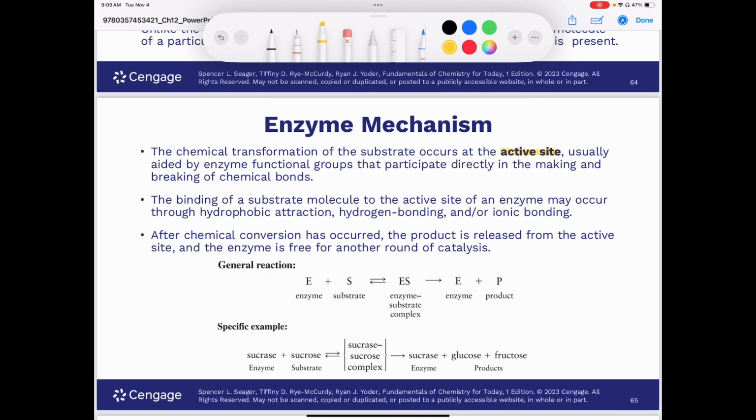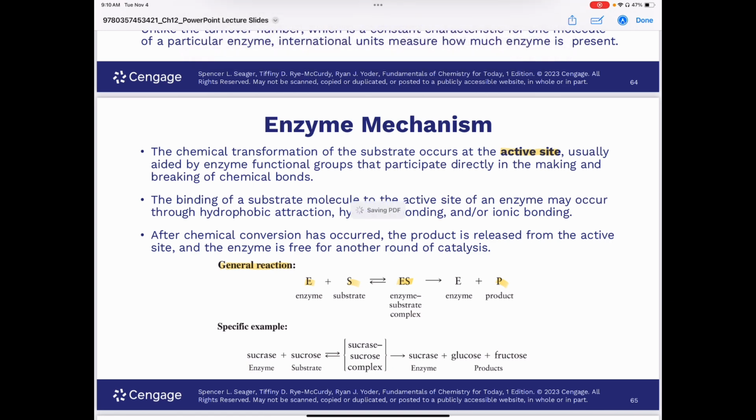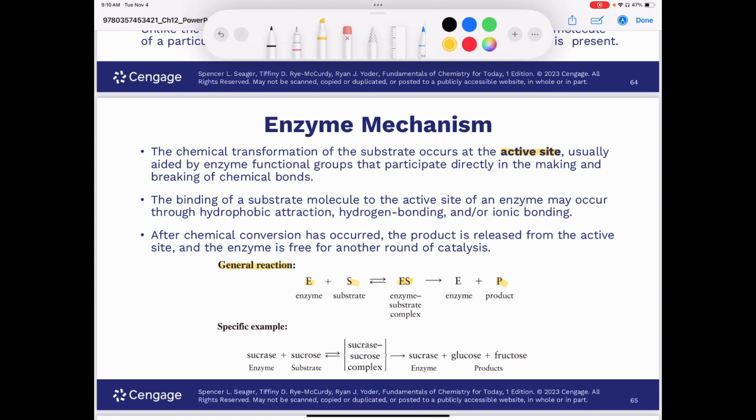You see the general reaction shown here where you have your enzyme and your substrate. They come together to form the enzyme substrate complex, and then the substrate gets converted into the product by the enzyme, and then the enzyme releases the product. Now you end up with your enzyme again, so the enzyme can go right back to the beginning. It can get recycled over and over.